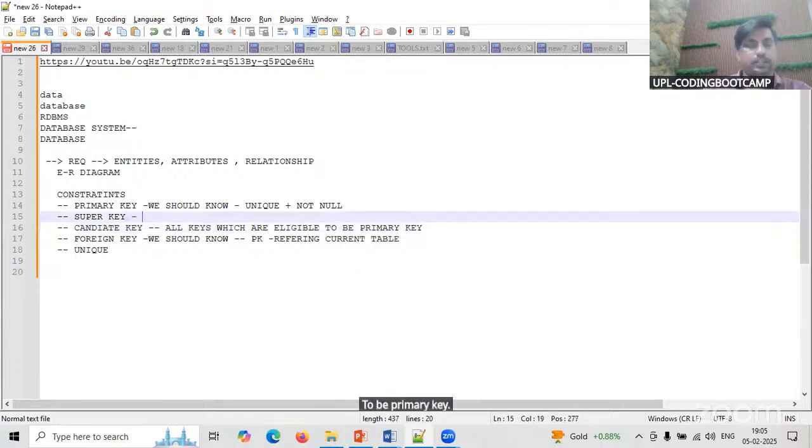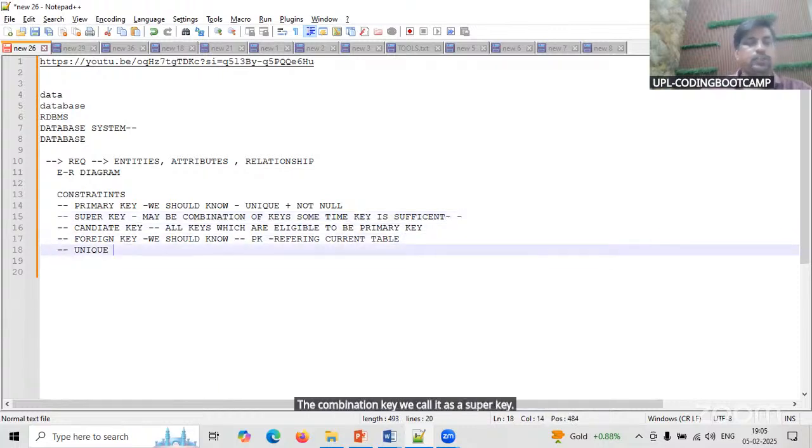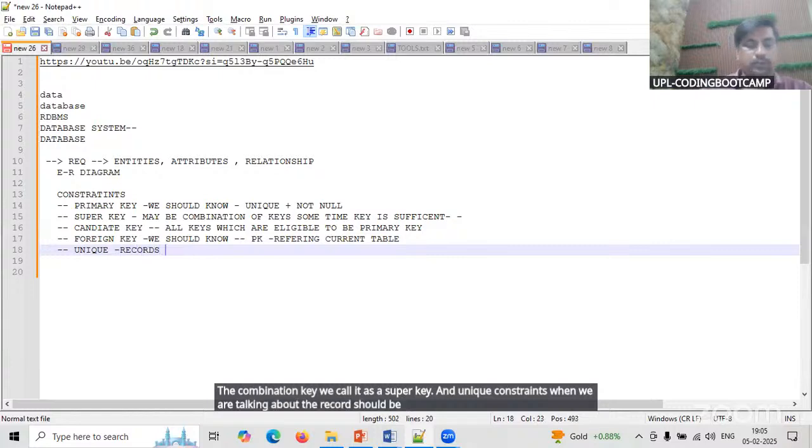Super key is nothing but it is maybe the combination of keys to determine uniquely, but sometimes one key is sufficient. The combination key we call it as a super key, and unique constraints, when we are talking about, the record should be unique. For example, email ID, something like that. When you are inserting duplicate email ID, it should prompt.